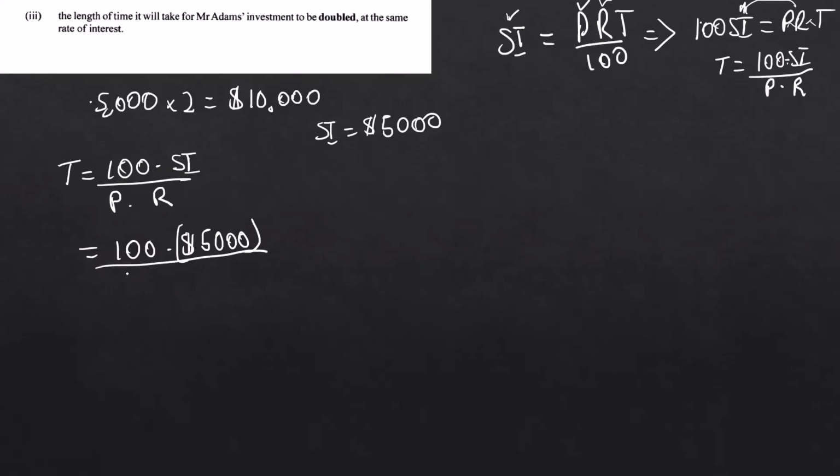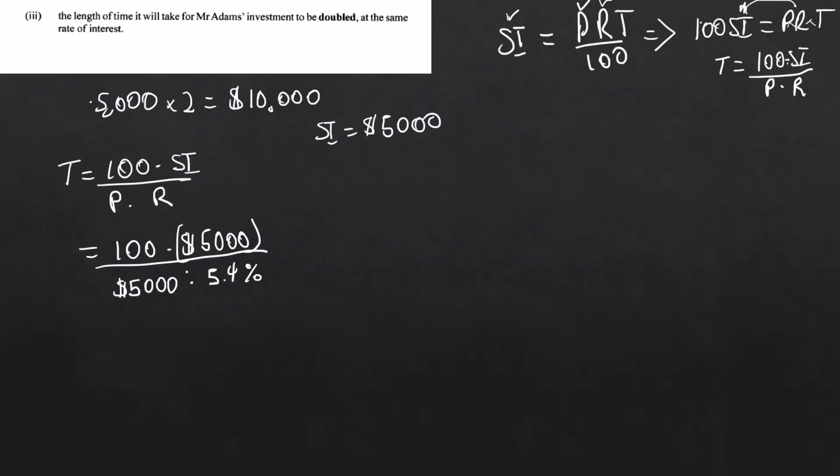And the principal is always how much money invested, which is $5,000, right? It's still the $5,000, that didn't change. And the rate, what's the rate? 5.4, right? Percent. Good.